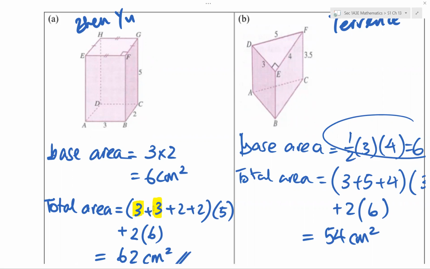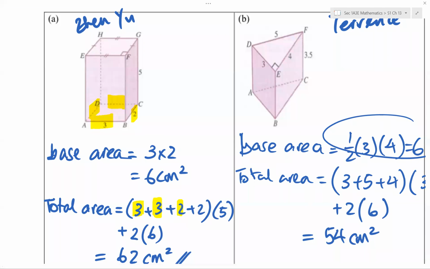Okay, doesn't matter. Okay, where is the other 3, Aiman? Where? DC, yes. Where is the 2? BC, good. Where is the other 2? AD.